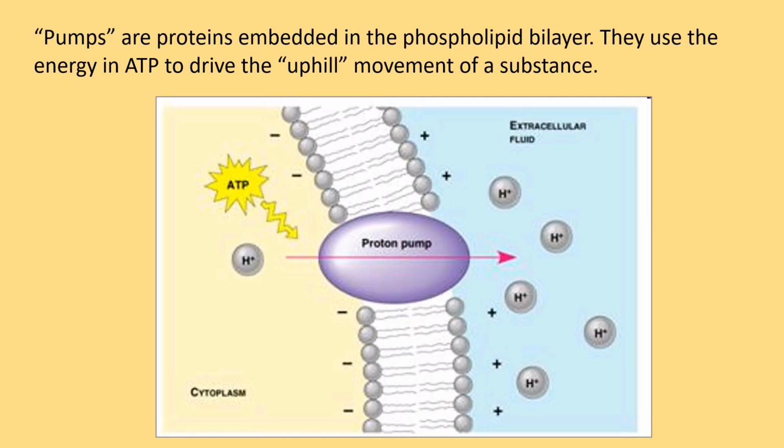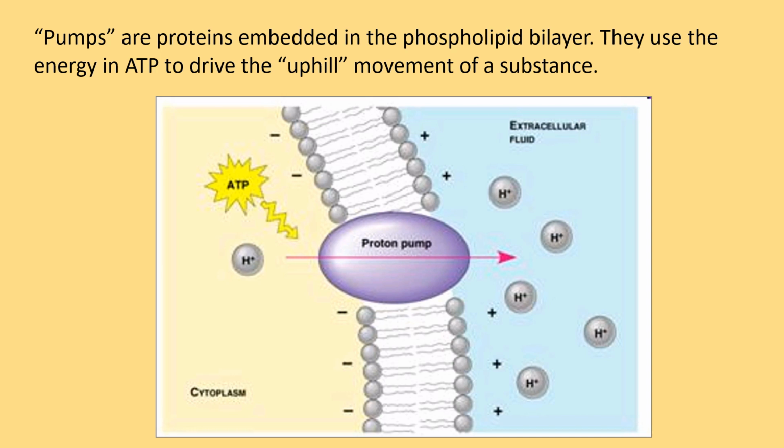Here's an example of a membrane pump. In this case, it's a hydrogen ion pump, also known as a proton pump. I hope you remember from chemistry that a hydrogen ion consists of just a single proton in the nucleus. There are no electrons. So we can call this either a hydrogen ion pump or a proton pump. Notice that this pump is a transmembrane protein.